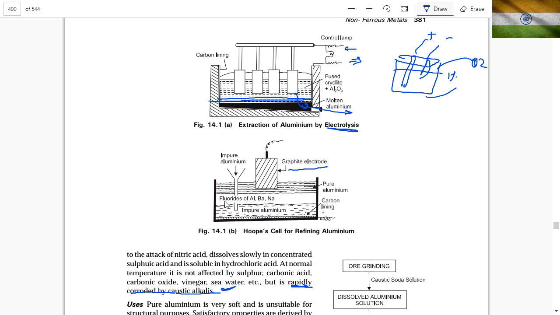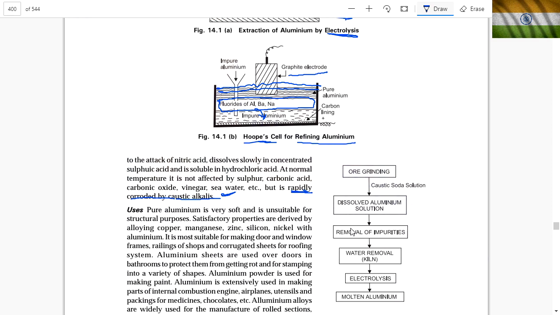So what happens in the presence of this: the fluorides will be in the middle of this solution, and impure aluminum will settle as precipitate at the bottom, and the carbon lining is done over here, and you will get the pure aluminum that will float over the pan, right? So this is a Hoop cell in which you purify or refine the aluminum.